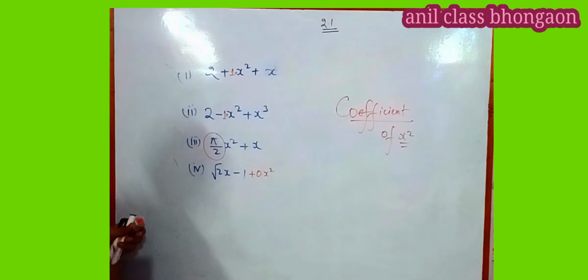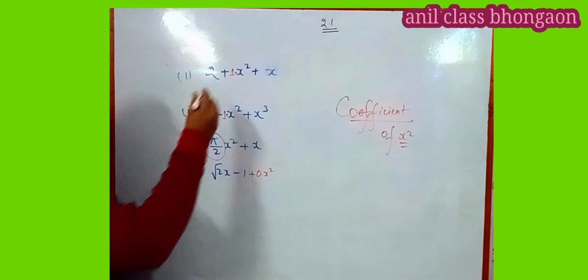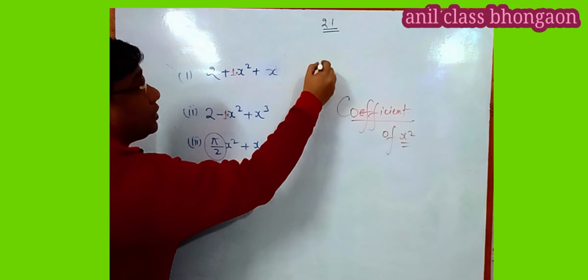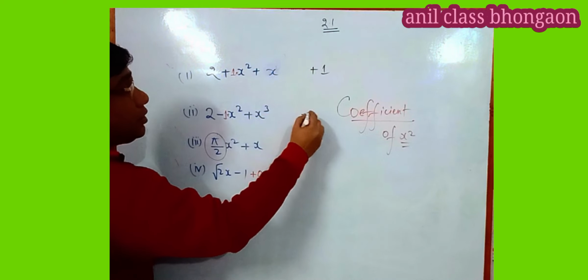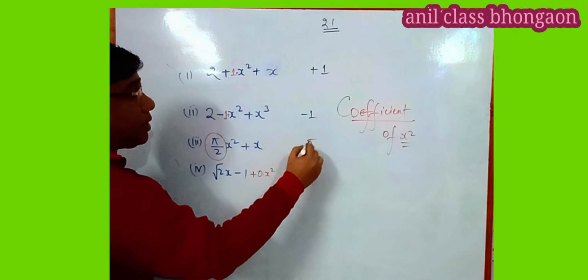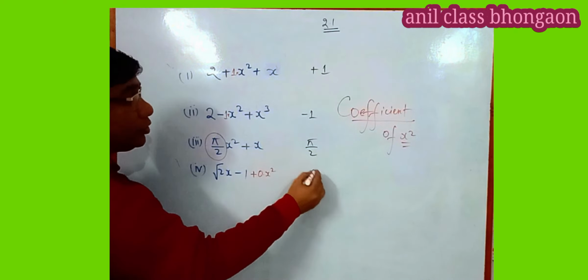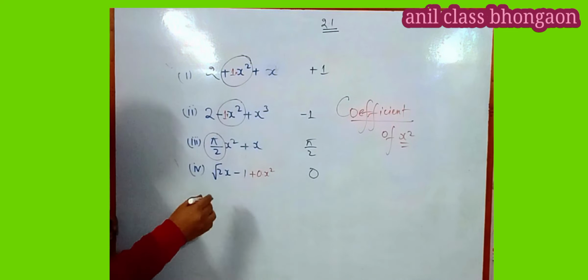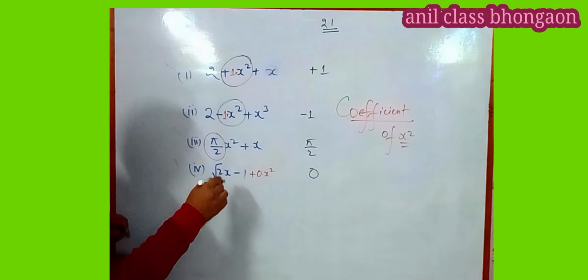So my friend, the coefficient of x square is 1, here minus 1, here pi by 2, and here 0. So coefficient means the constant multiplier of this number.